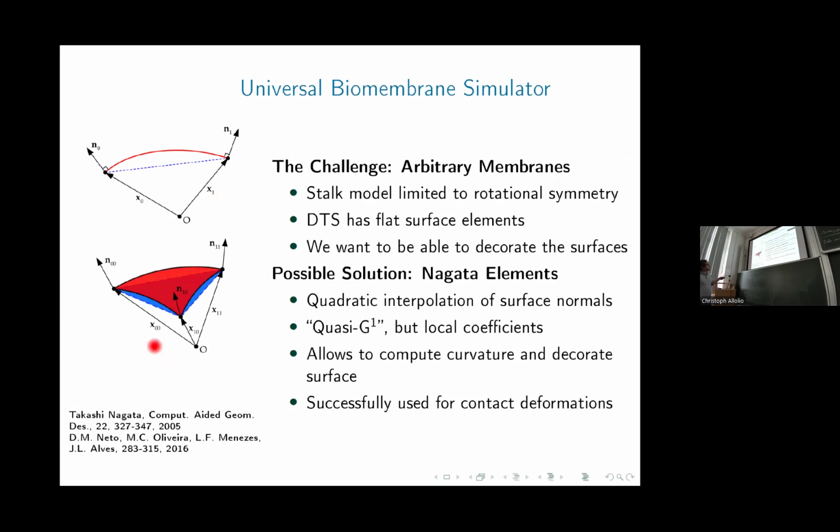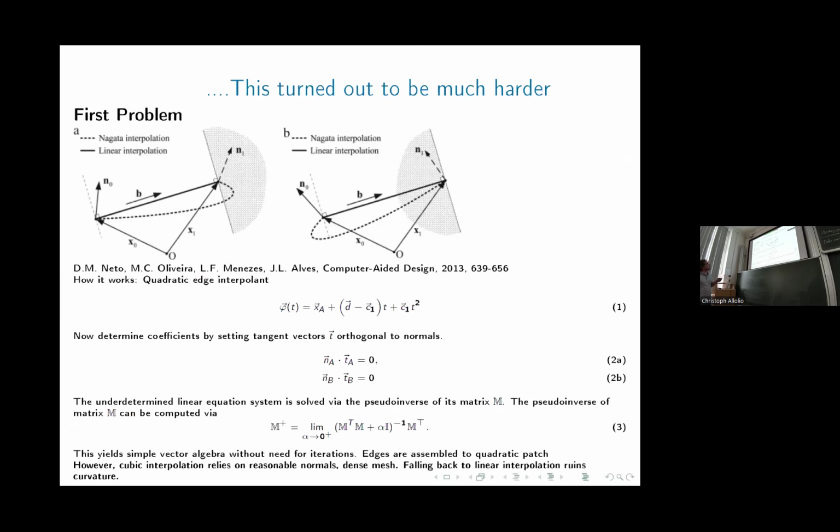This was invented by Takashi Nagata, and it is not obviously tangent continuous across the edge. So that's why it's just quasi G1. To get it tangent continuous, one has to apply a penalty function. It has another problem, that it is not sufficiently flexible because it's just quadratic.